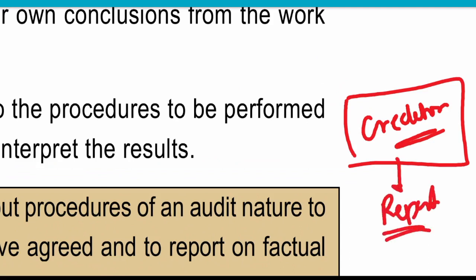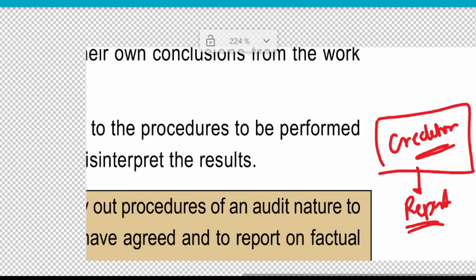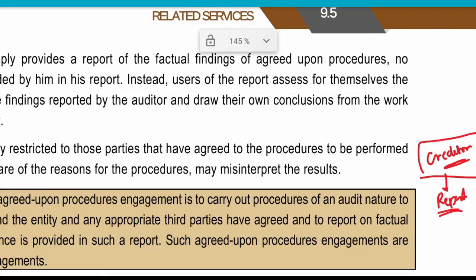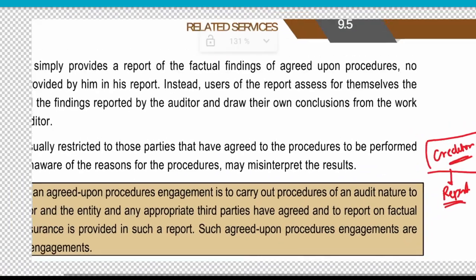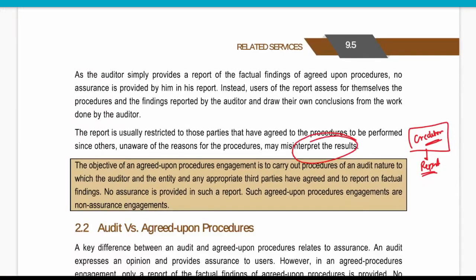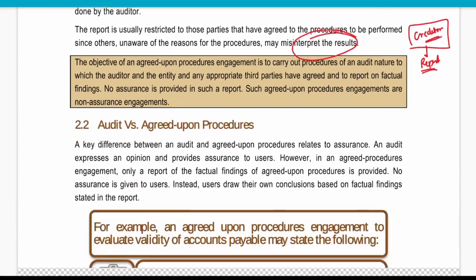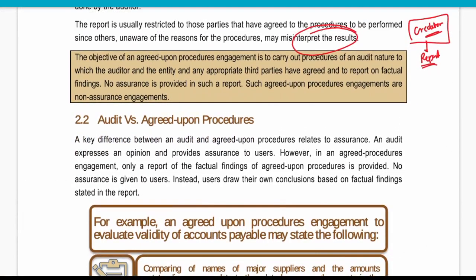So it is not mainly for the general public, but for the specific users of that particular report, so that they know why this particular report has been formed, and so that they cannot misinterpret the result.